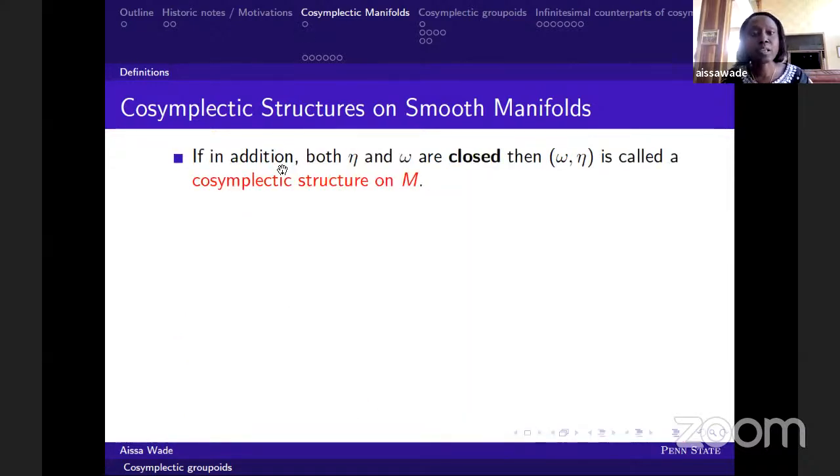Okay, so here we want eta and omega to be both closed. If they're closed, then we say we have a cosymplectic structure. So almost cosymplectic structures include contact structures, but cosymplectic structures do not. I mean, contact is not there.